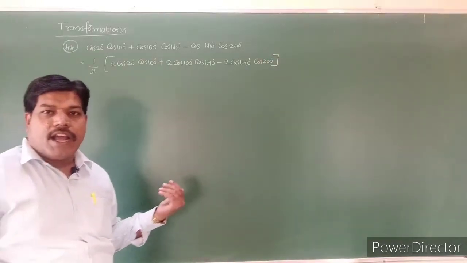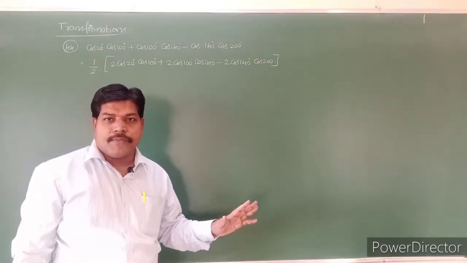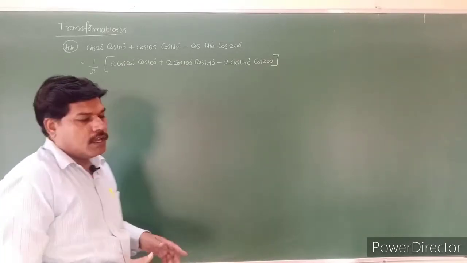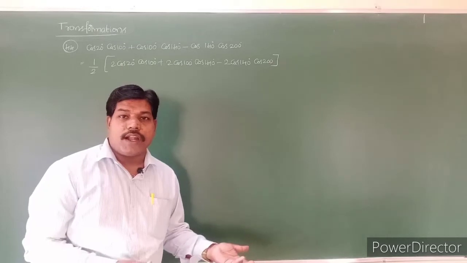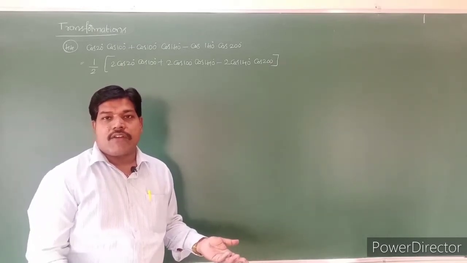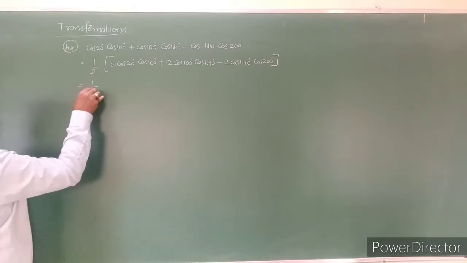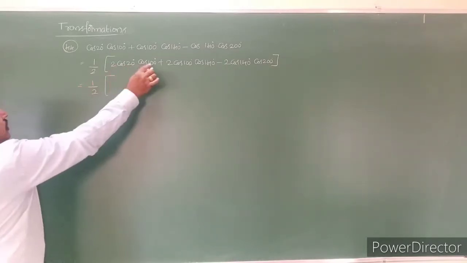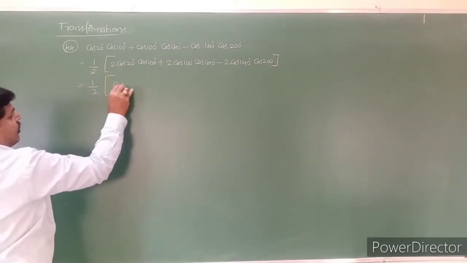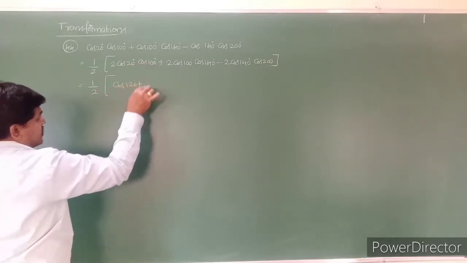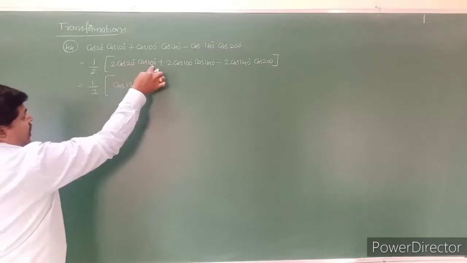I multiplied and divided by 2. Okay, so this is the formula 2 cos A cos B. For A you have to take the bigger value and for B the smaller value. So here 1 by 2 into cos of A plus B, which is 120 degrees, plus cos of A minus B.